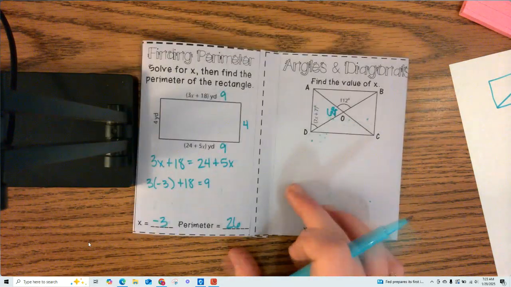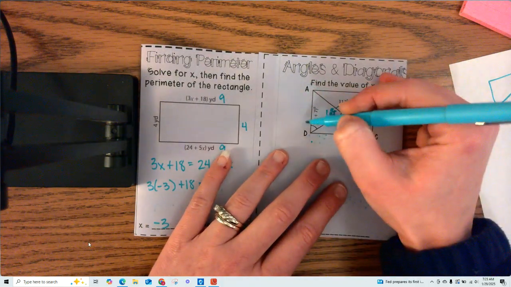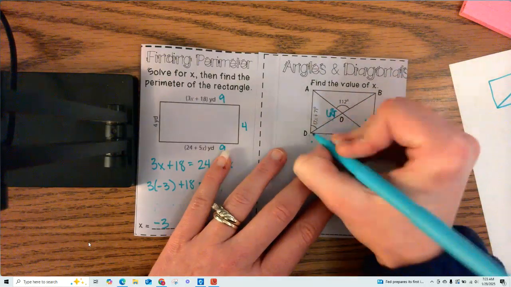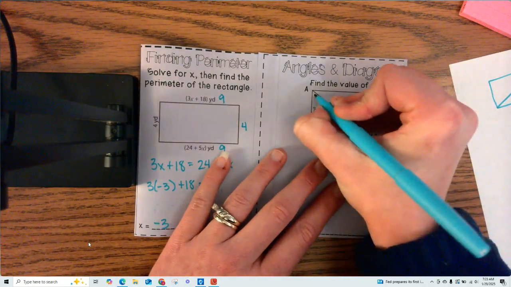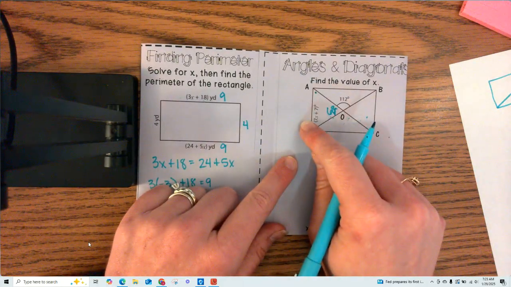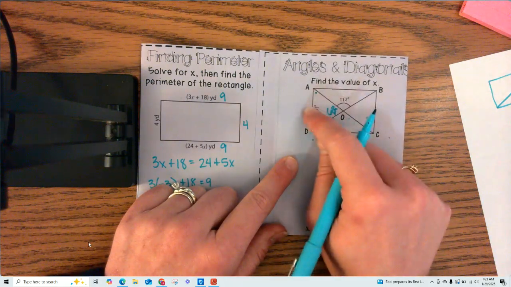Okay, so this angle, I know it's hard to see, is 68 degrees. So that means this angle here, ADO, and this angle here, they're going to be congruent. They're going to measure the same thing. So if this one is 7x plus 7, then this one is 7x plus 7. They measure the same.